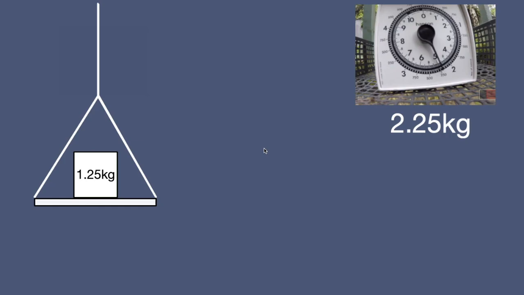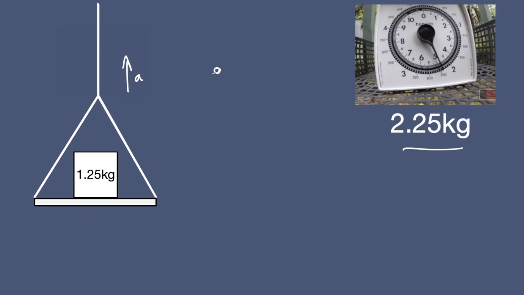So in this first example, when we accelerate our lift upwards, our A goes in this direction. And when we look at the scales, we read off about 2.25 kilograms, roughly. Okay, so we can use that figure in order to work out what the acceleration of the whole system is.